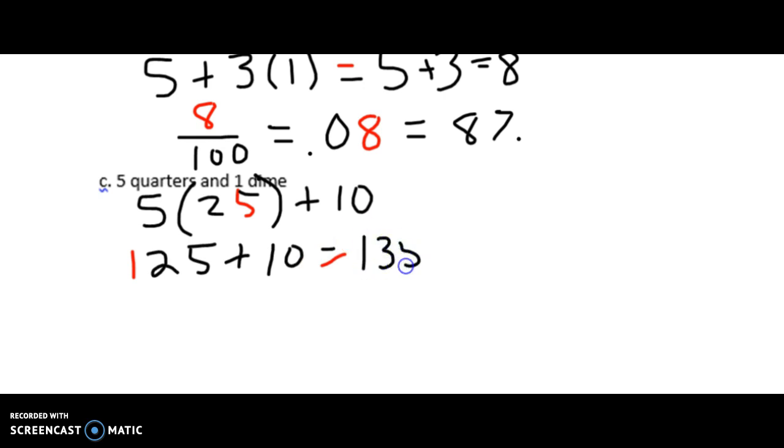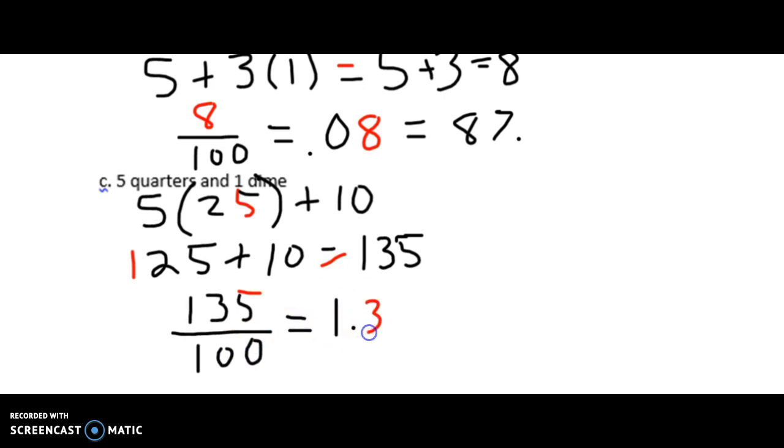Now I'm noticing that this is actually more than 100, but we talked about how percent can be more than 100. So I'm going to take my part, 135, over my whole, $1 or 100. And when I divide that, I'm going to get 1.35. And to convert that to a percent, I simply move my decimal 2 places to the right, and I get 135%.